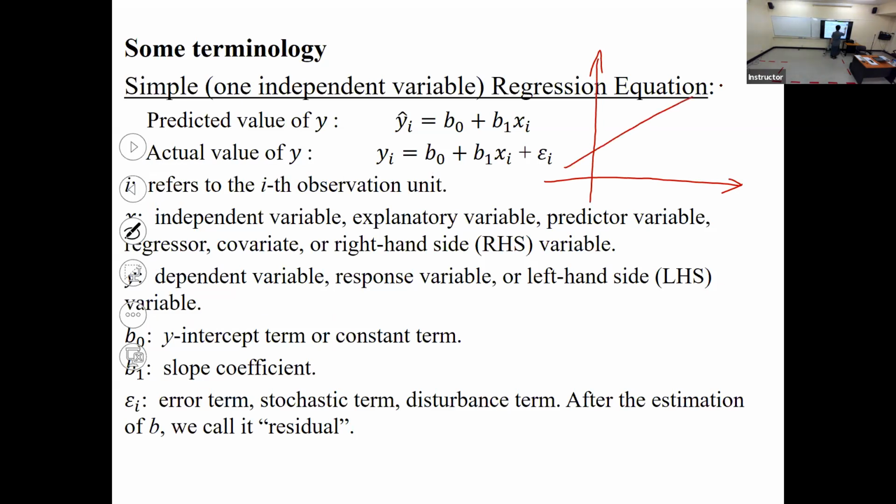If this is the line, this value is B naught, and then this slope is B sub 1. It's intercept because here the line intercepts the y-axis. So y-intercept, or we just say intercept sometimes.